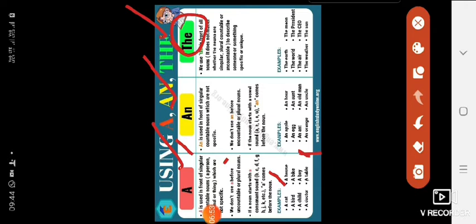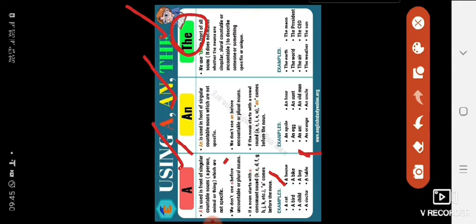What is next condition? We don't use a before uncountable or plural nouns. Those nouns that are not counted, we cannot use a with these uncountable nouns or plural nouns. What are uncountable nouns?